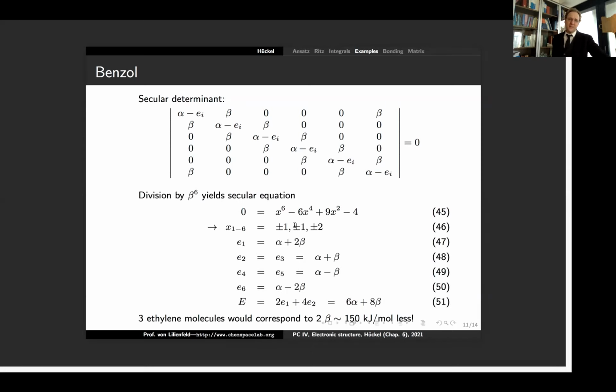As demonstrated here, we can find the eigenvalues, and if you sum up all the occupied, lowest lying energy levels for 6 electrons, you find 6 alpha plus 8 beta. This means that you have 2 betas on top of what 3 separate ethylene molecules would get.